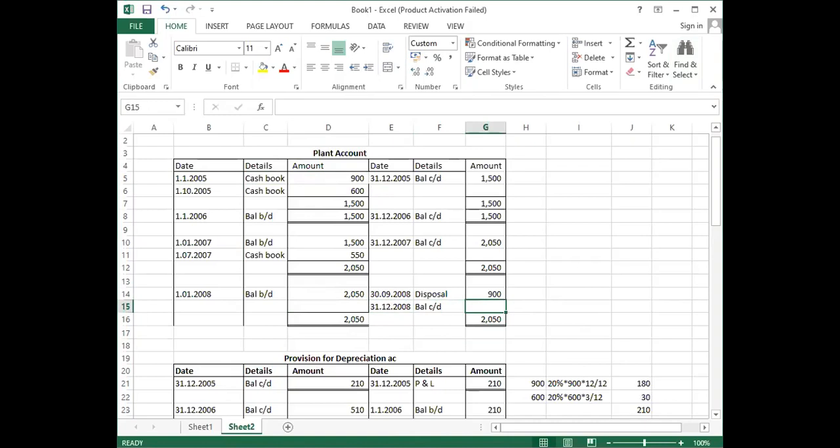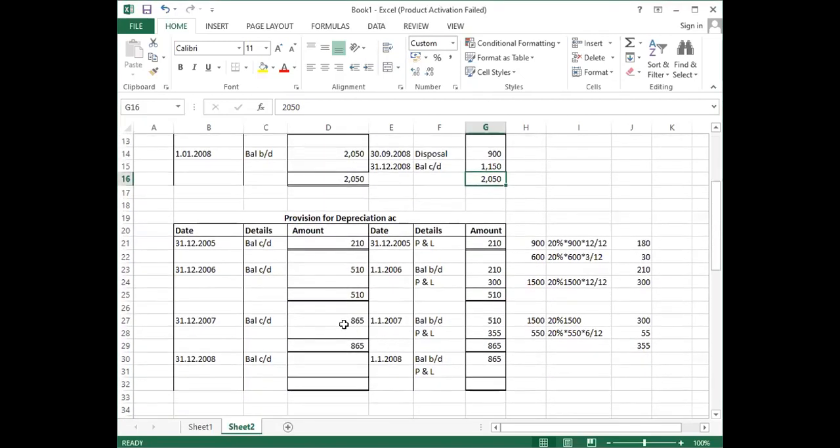It was the balancing figure here, 1150. Can you see that? So that we get a total of 2000. 1150, very good, for those people who are able to confirm.